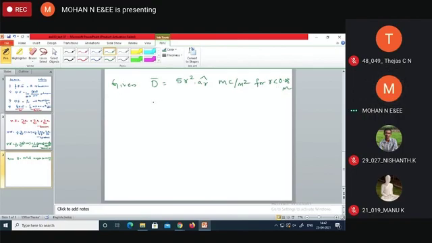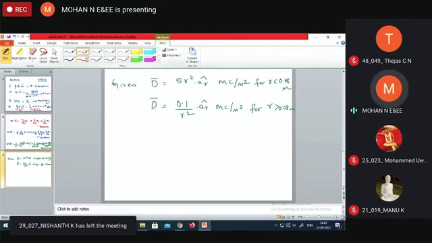One more flux density is given: D vector is equal to 0.1 divided by r squared along the r direction, that is a r cap, millicoulomb per meter squared for r greater than 0.08 meters.